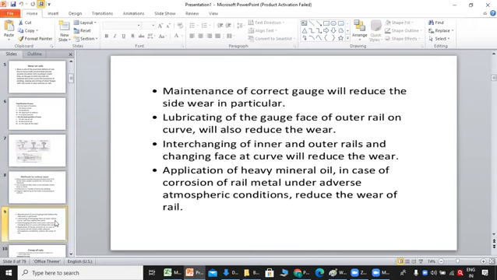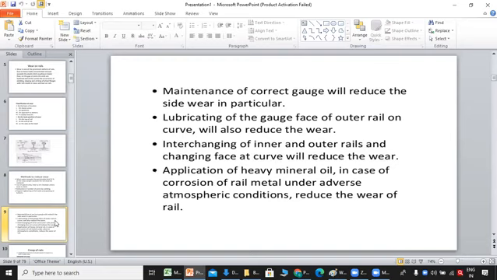Next, maintenance of correct gauge will reduce the side wear. In particular, lubricating of the gauge face of outer rail on curve will also reduce the wear. ठीक है, alignment is the most important parameter in this wearing. ठीक है. So maintenance of correct gauge will reduce the side wear in particular. ठीक है.